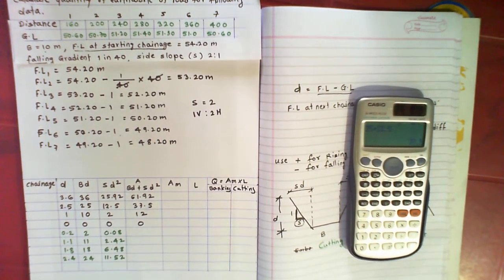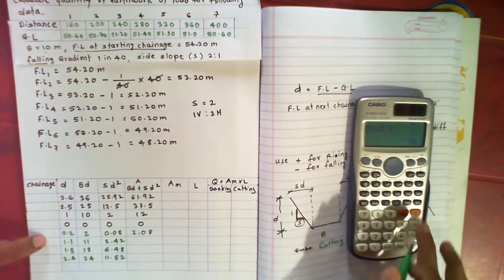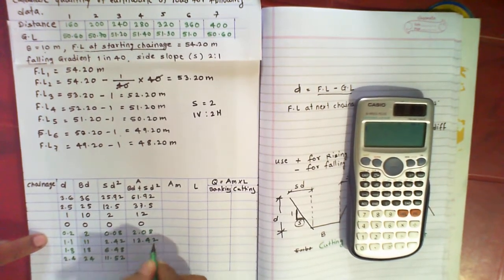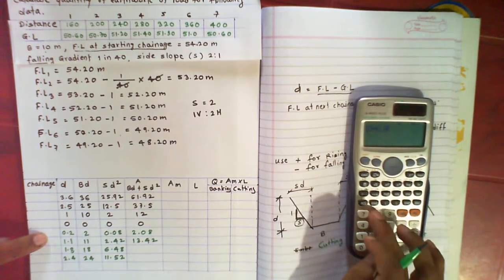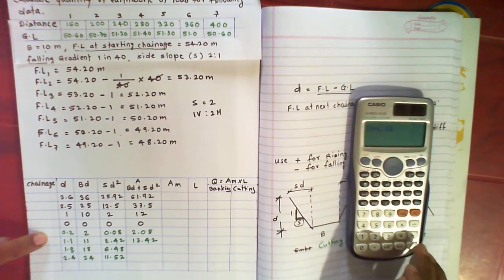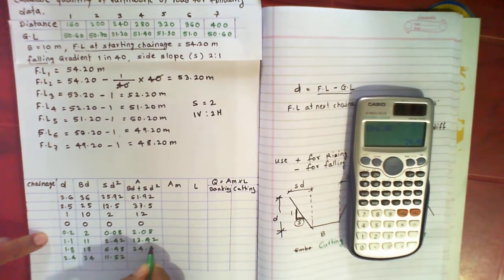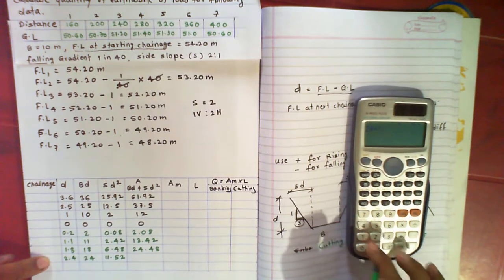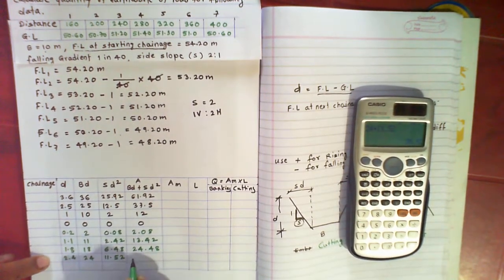Next is 2 plus 0.08, that is 2.08. 11 plus 2.42, that is 13.42. 18 plus 6.48, that is 24.48. 24 plus 11.52, that is 35.52.